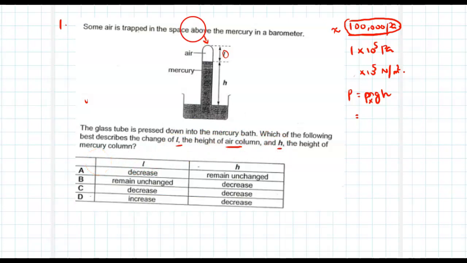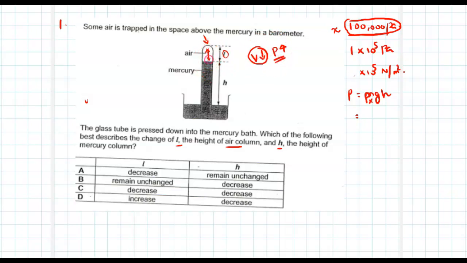So what will happen if I press this glass tube downwards? As you are pressing it down, the air column length is decreasing. So the volume of the space for the air decreases and pressure increases according to Boyle's law. The volume is inversely proportional to the pressure. As the length decreases, which means the space decreases, pressure increases.